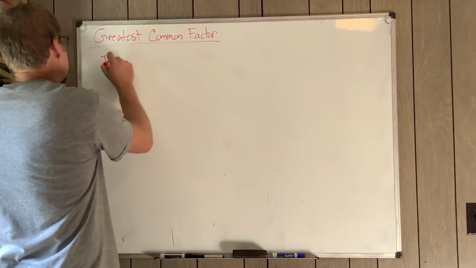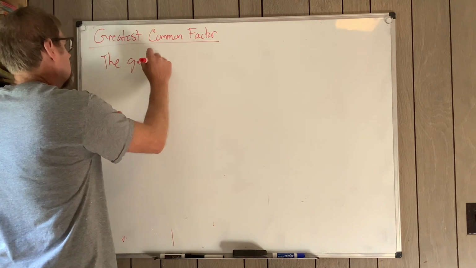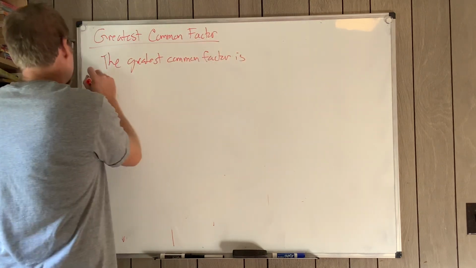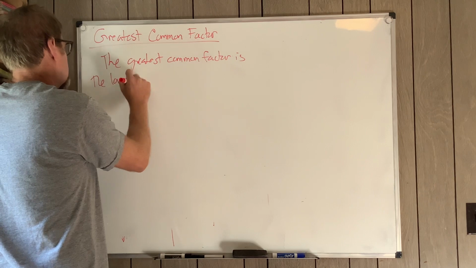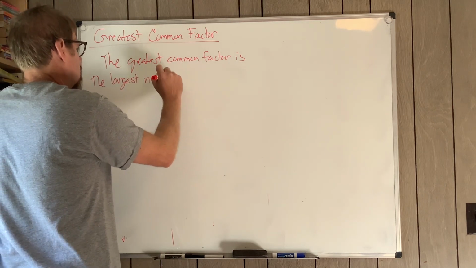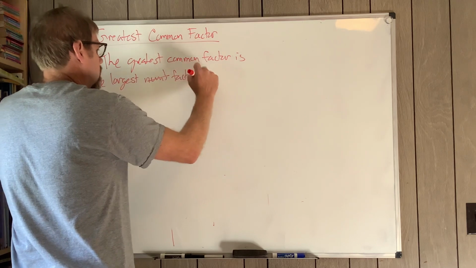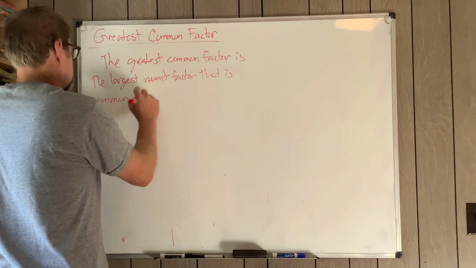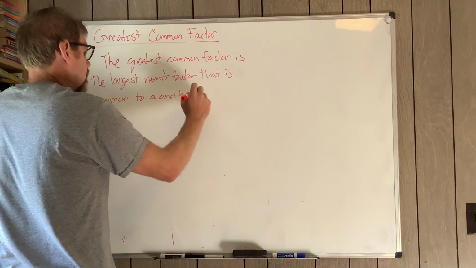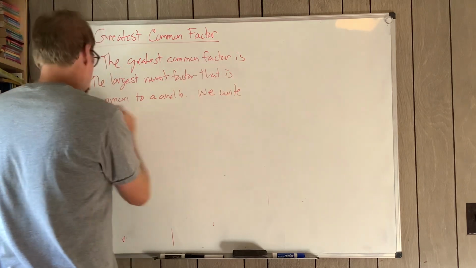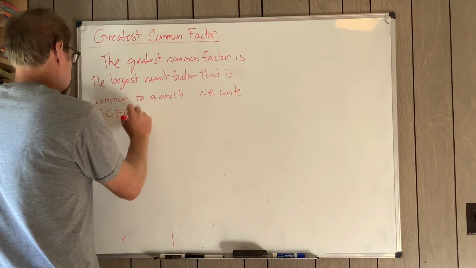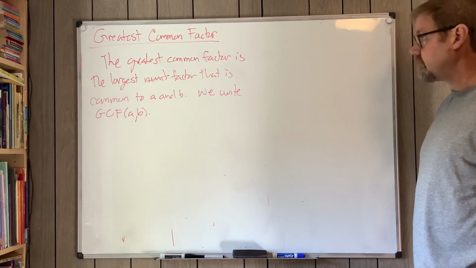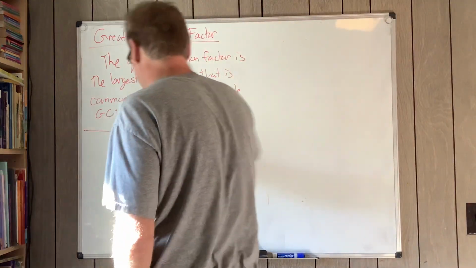So we say the greatest common factor is the largest factor that is common to A and B. We write GCF(A, B). Okay, so let's just look at some examples. That's the easiest way to understand this.